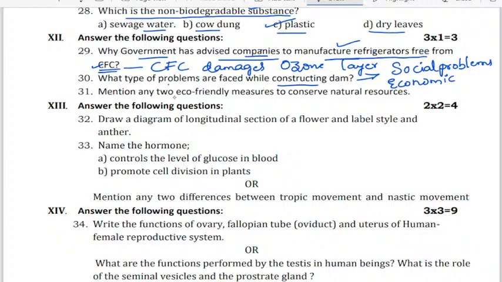Next, mention two eco-friendly measures to conserve the natural resources. Which are the two eco-friendly measures that you can use to conserve the natural resources?